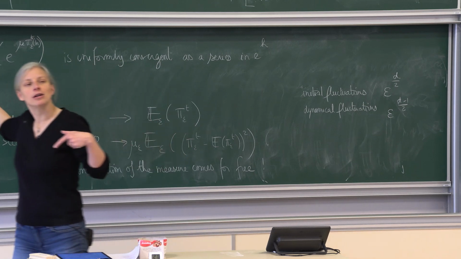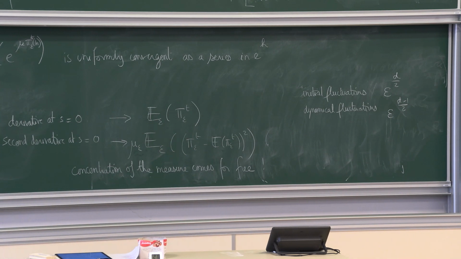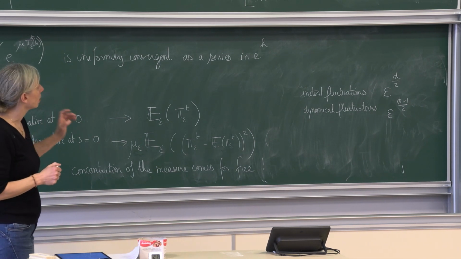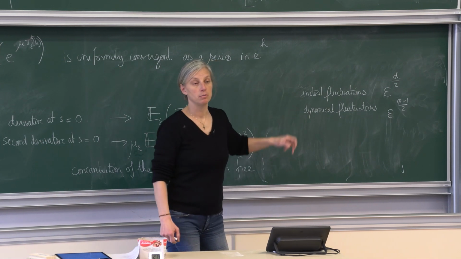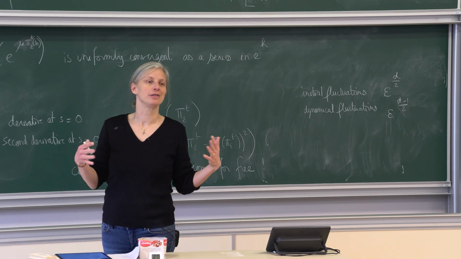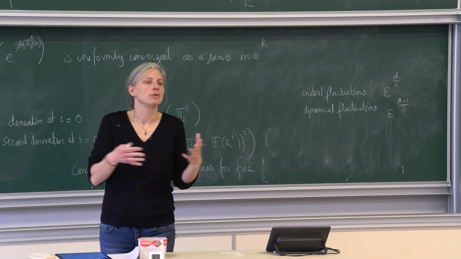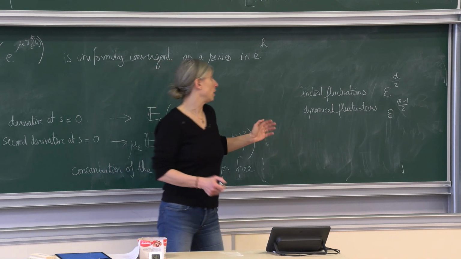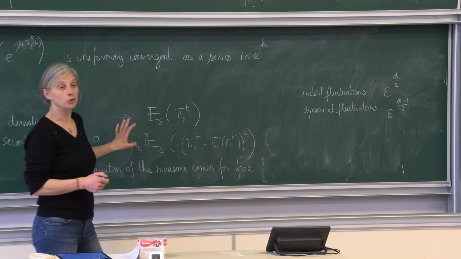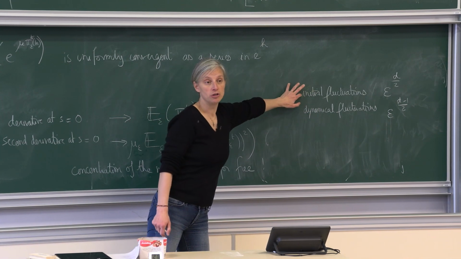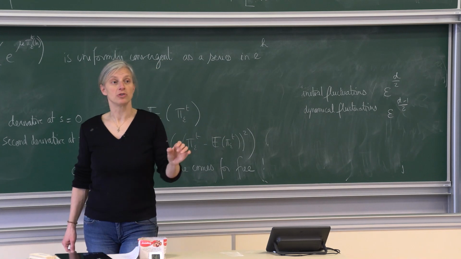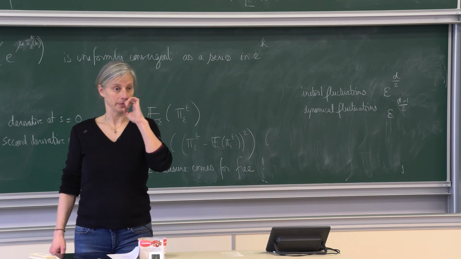That's why I didn't pay much attention to it, because there are also some correlations coming from the initial data that I didn't really deal with, but anyway, they are much smaller than the dynamical fluctuations. But yes, I agree that at least at time 0, essentially what you have is that it's almost factorized. In particular, if you look at this scaling here, you see that you don't see any fluctuation at time 0, because in the limit, this guy will be just 0. So with this scaling at time 0, there is no fluctuation at all.